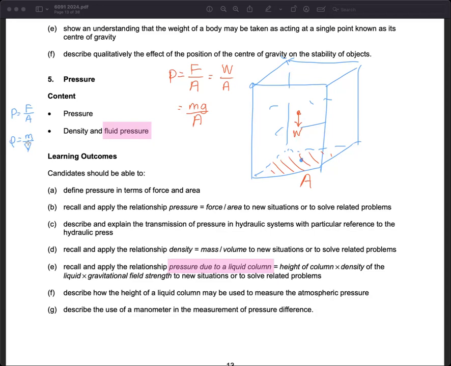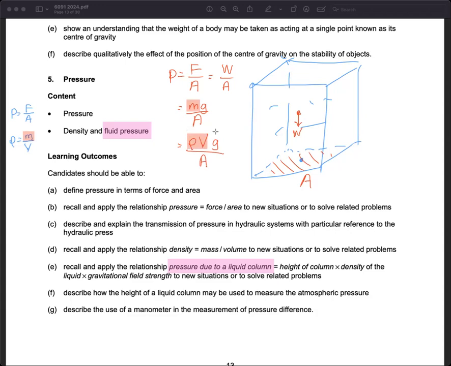Can we do that? So this m is equal to density times volume. So my pressure now is density times volume times g over A. Can you see that?